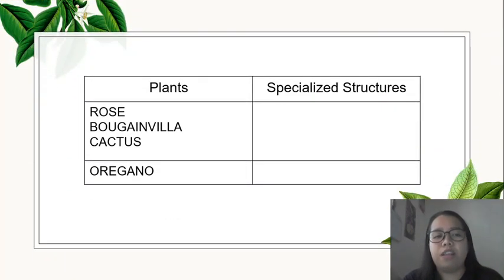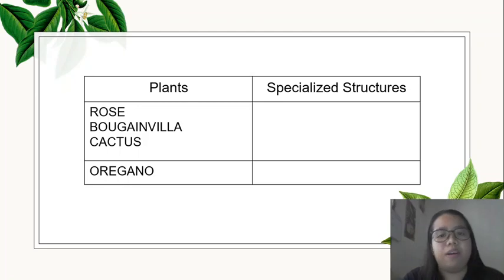Now let's proceed to a little bit of activity this afternoon. We have here a table. Column A is plants: we have rose, bougainvillea, cactus, and oregano. The other column is the specialized structure. You will identify what kind of specialized structures the rose, bougainvillea, and cactus have.